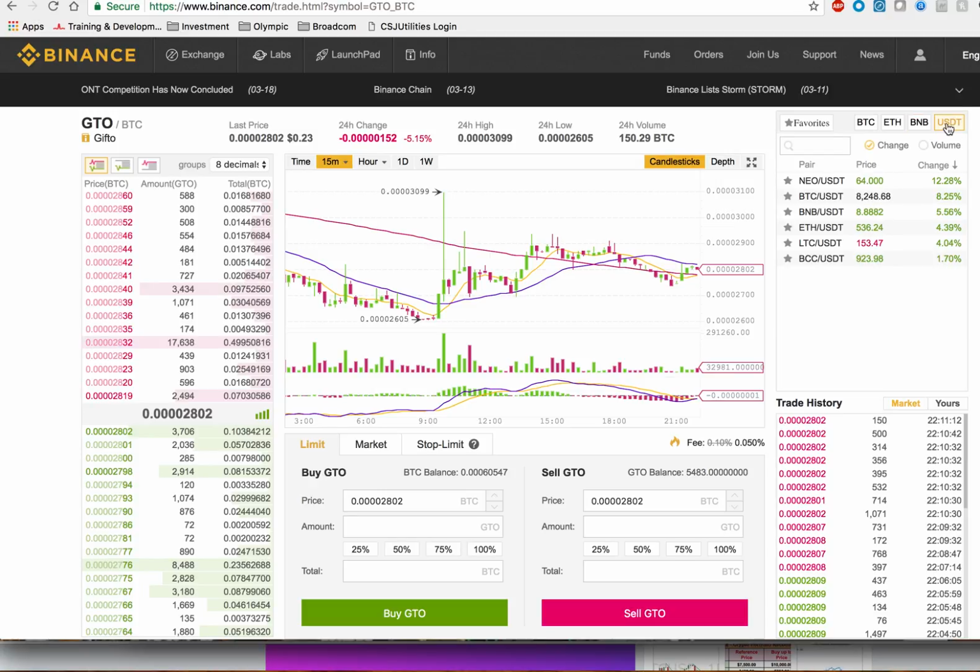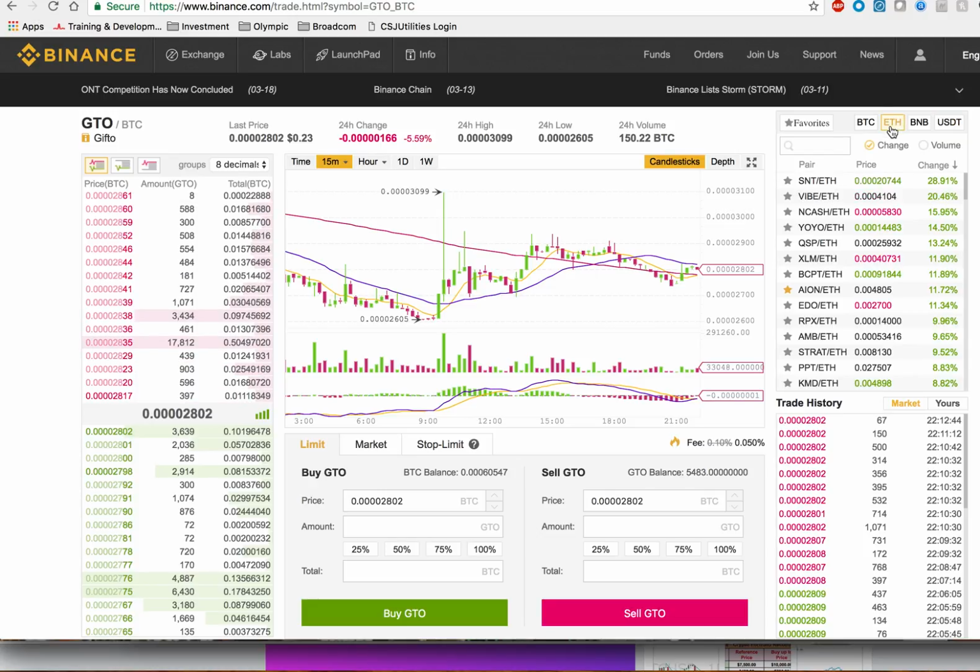USDT is a cryptocurrency. It is not the dollar. This is something which I'm not using much because there are not many pairs available here, and also it's very controversial. USDT is under investigation for whether they really own that many US dollars, which they are pushing as coins in the system.